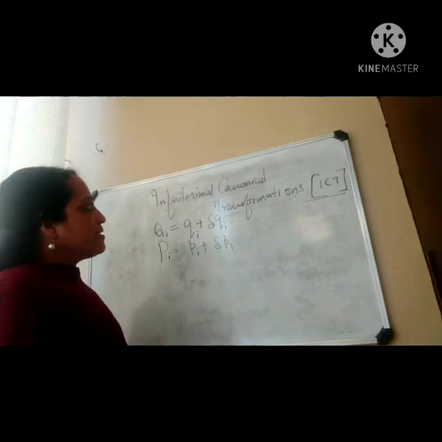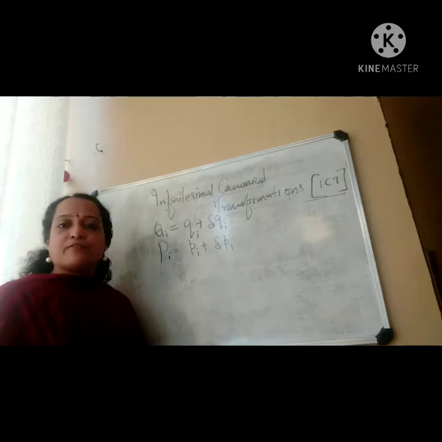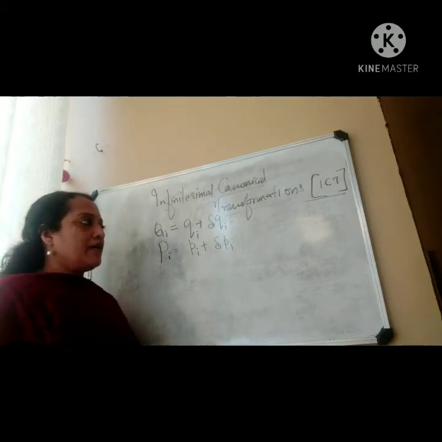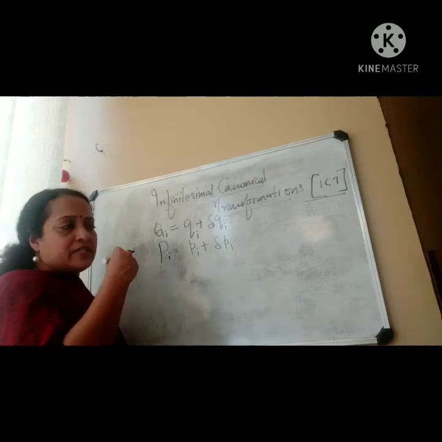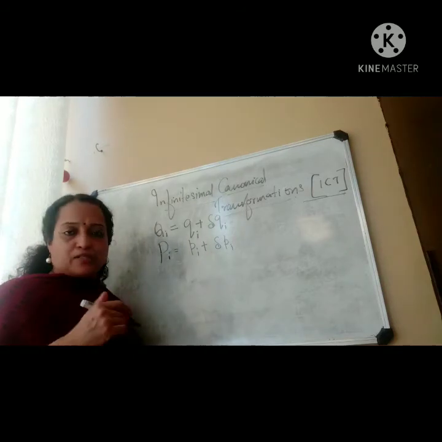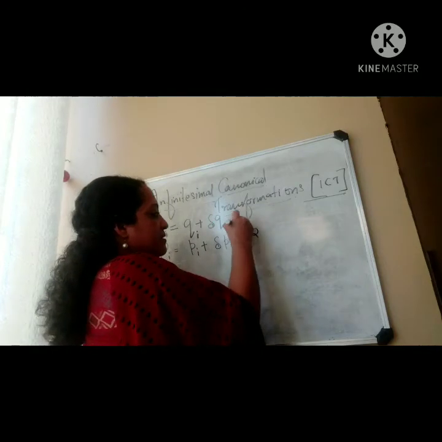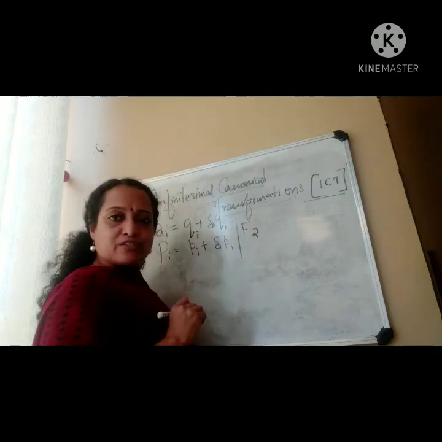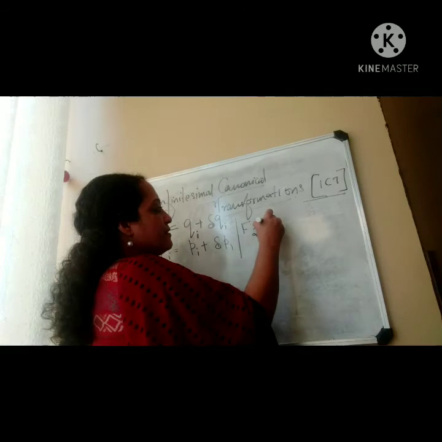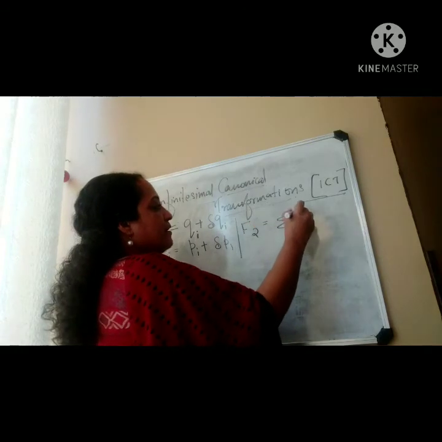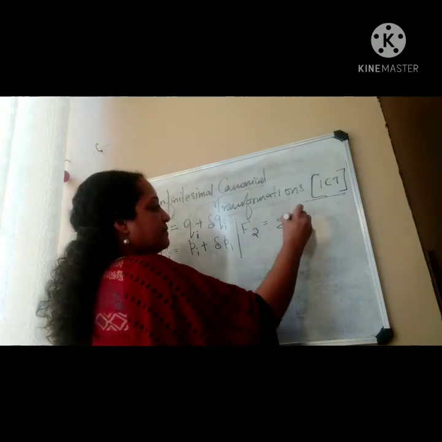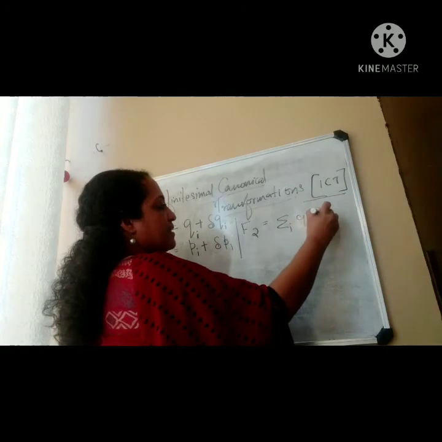Now, let us see the generating function for these transformations. As you know, this is very close to our identity transformation. We have seen that for the identity transformation, the generating function is F2, and F2 is equal to sigma i qi capital Pi, with small qi and capital Pi.